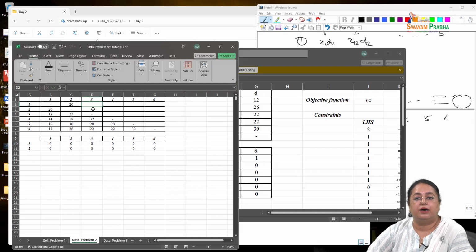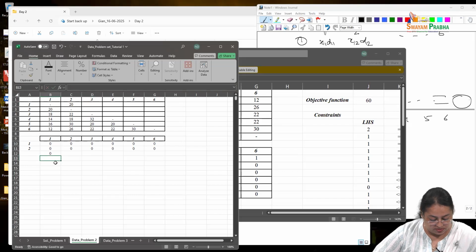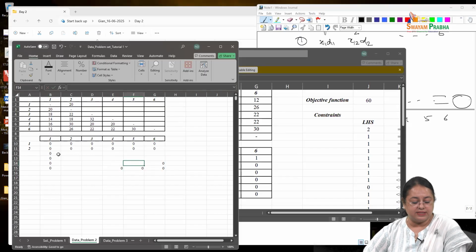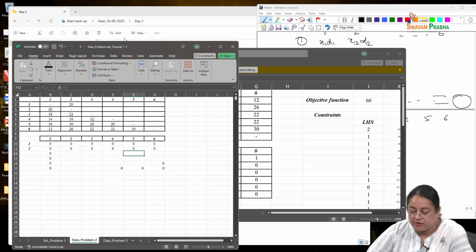Now what is happening here? Everything is 0. This whole matrix is nothing but Xij, and this matrix is Dij. What is our objective function?